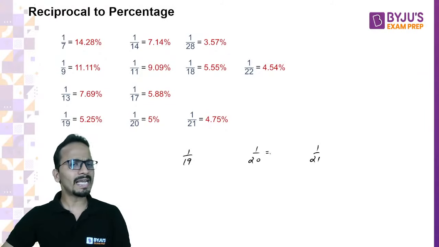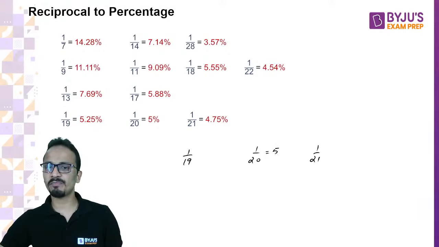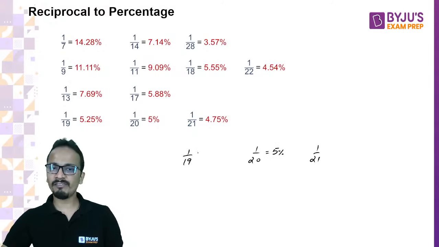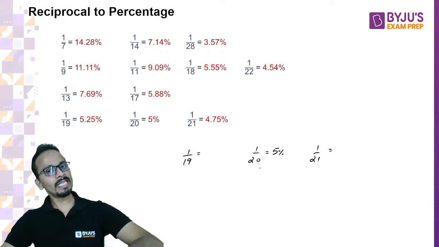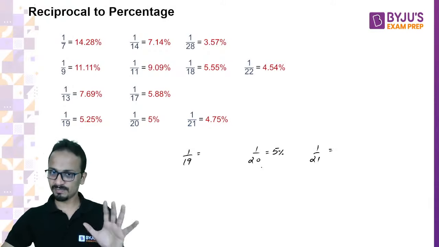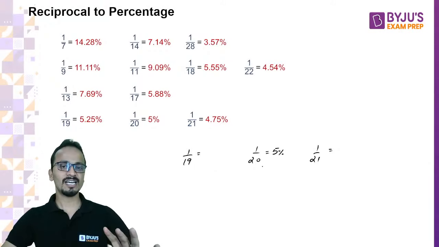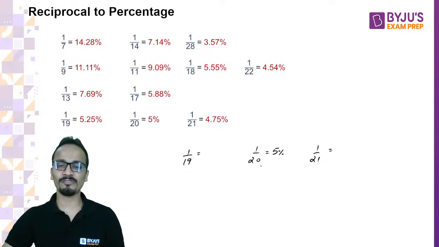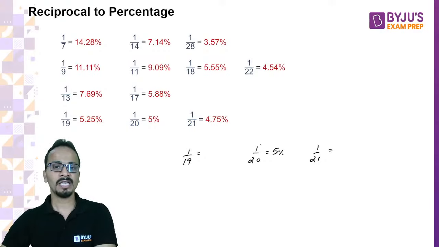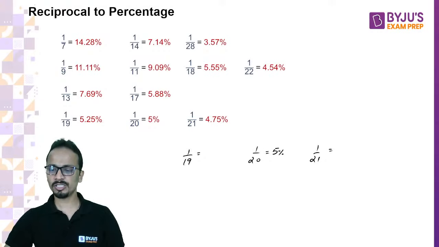Now 1 by 20 I can easily calculate, it will be 5%. Now let's have a look at deriving 1 by 19 and 1 by 21 from this value. Again, there is no logical connection here. It's just another funny way of remembering this. Now 1 by 20 is 5%.